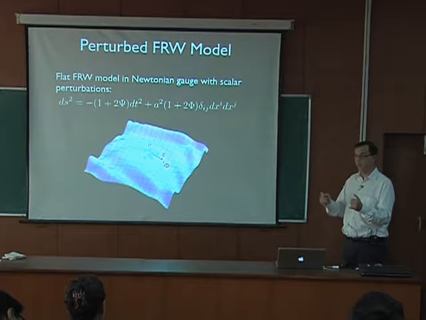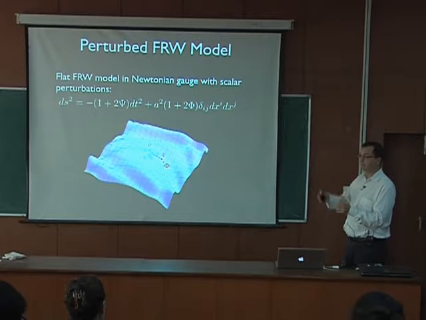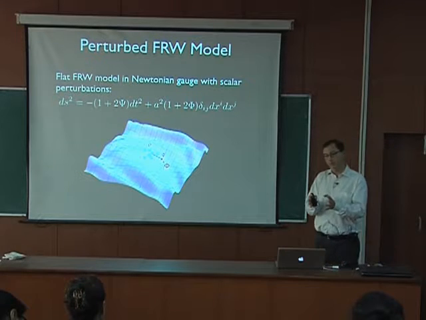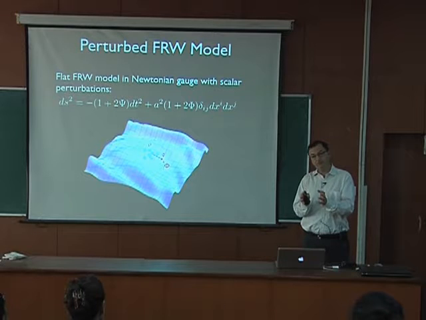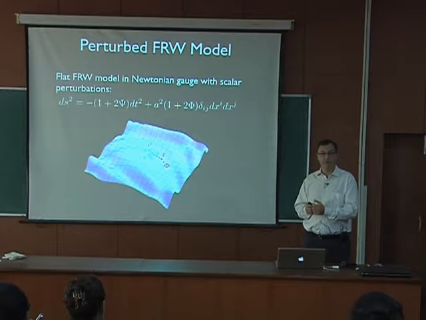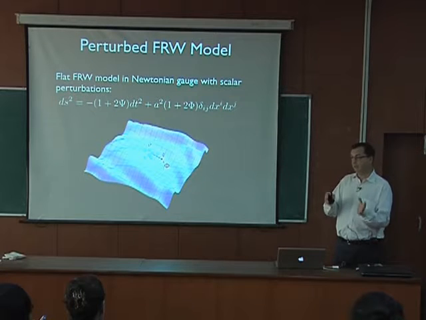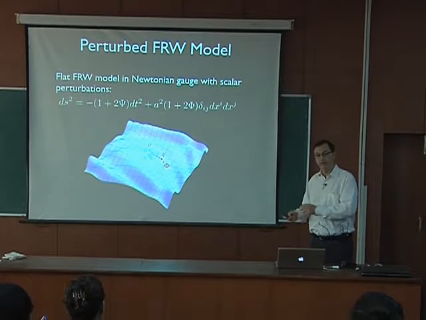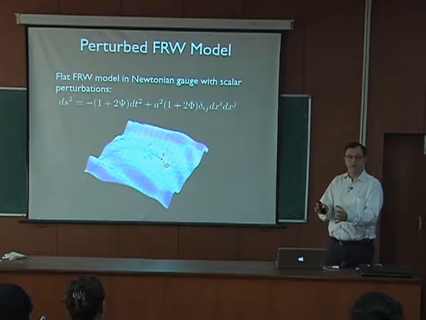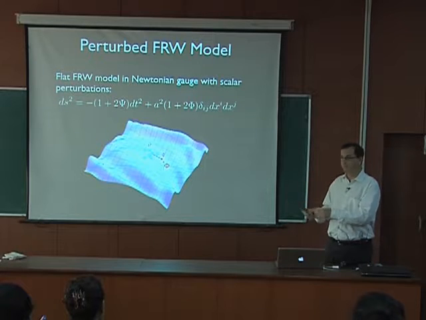Okay, and there are different kinds of perturbations. You can do the same thing, but instead of doing perturbation about the flat Minkowski metric, you can do it about the FRW metric. And you can write the full general perturbations, and it turns out there are different classes of perturbations. There are scalar perturbations, vector perturbations, and tensor perturbations.